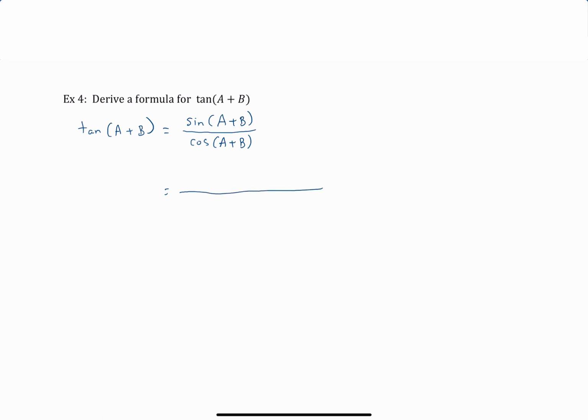So for sine, I'm going to have sine of a cosine of b plus cosine of a sine of b. And for cosine of a plus b, I'm going to have cosine of a cosine of b minus sine of a sine of b.